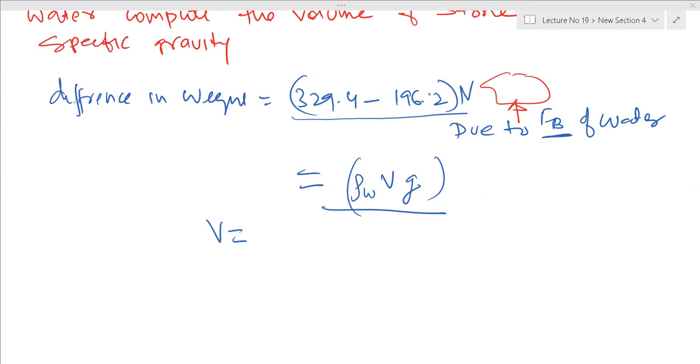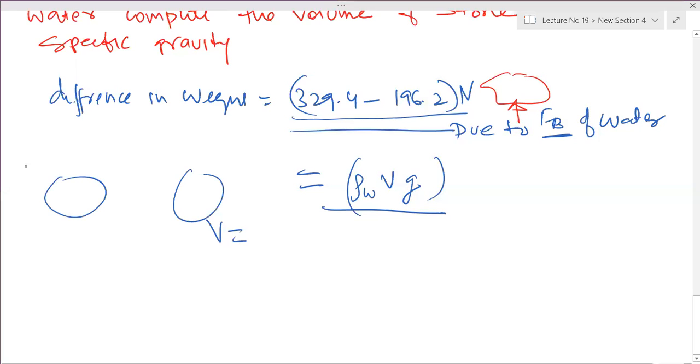Sorry, what is the doubt? That may be a difference of density? No, in fact this difference is in weight. The difference is in weight due to the water buoyancy, right? You are measuring in water. You have air, you are measuring, right?